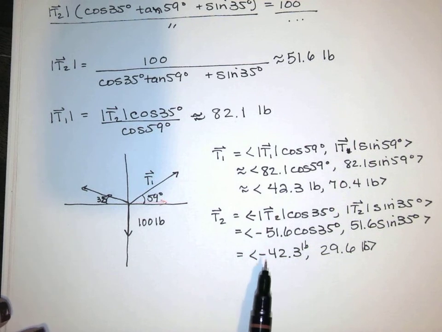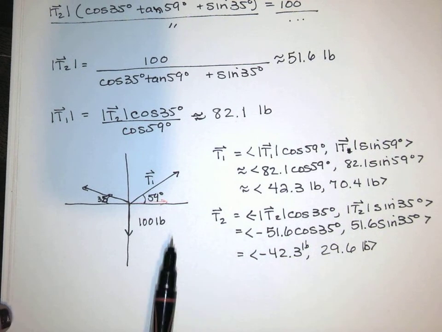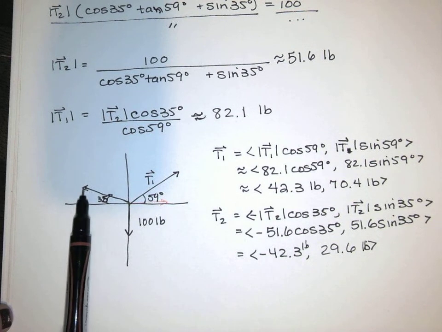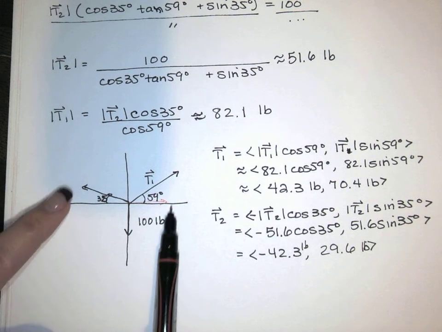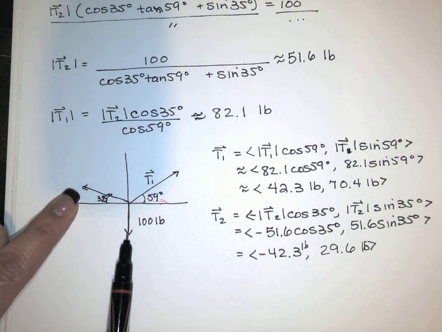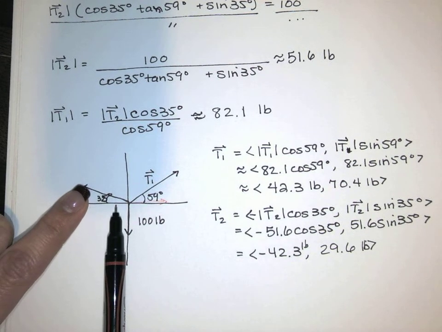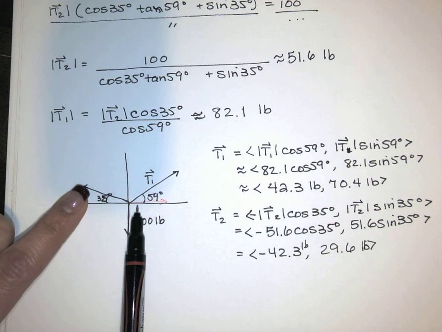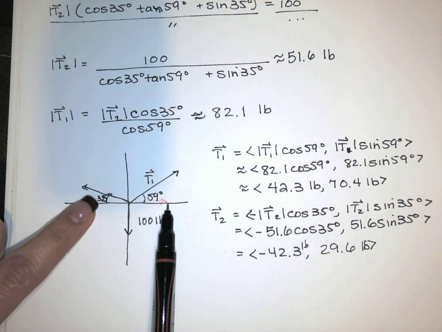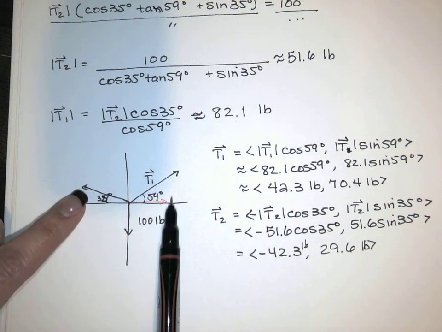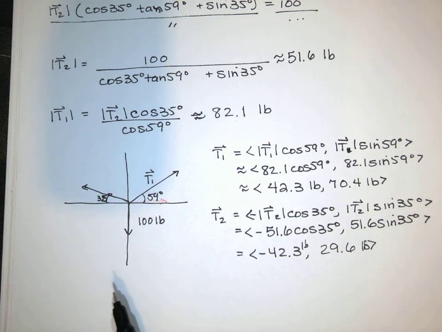The other thing was these two forces, this force that's pulling up here and pulling up there, when I add those two together, it better balance this 100, because if I'm pulling up like this and pulling down like that and things not moving, well, the only way that works is if I've got 100 pounds of force pulling up and 100 pounds of force pulling down. It's like a tug of war. If any of them were larger, we'd be moving.